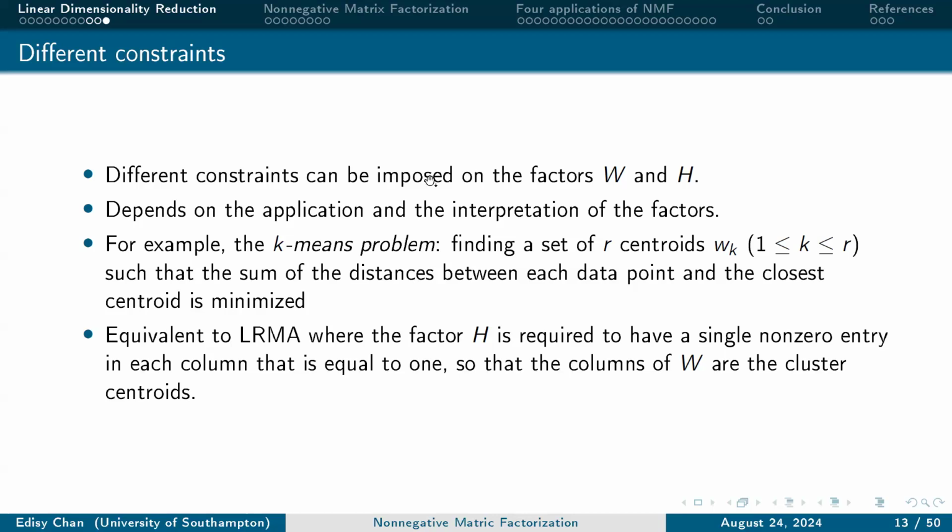For example, consider the k-means problem, where we would like to locate R centroids W_k such that the sum of the distances between each data point and those centroids is minimized. This LRMA would be equivalent to that problem in the sense that the factor H has a single non-zero entry in each column, and that single non-zero entry is just 1.